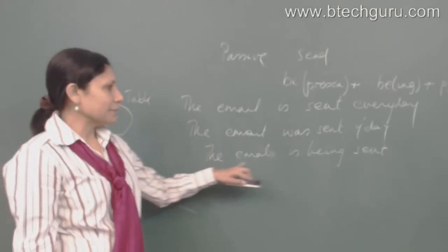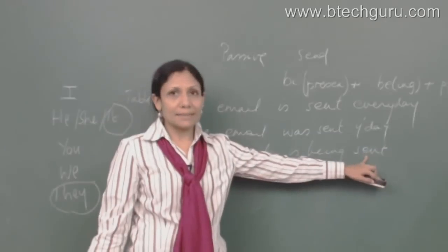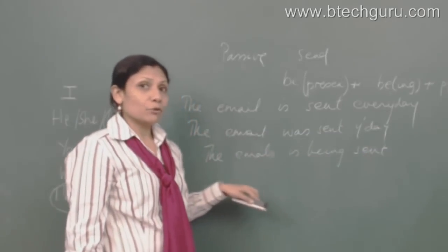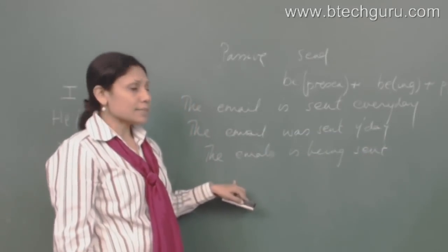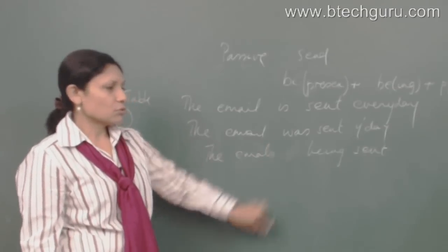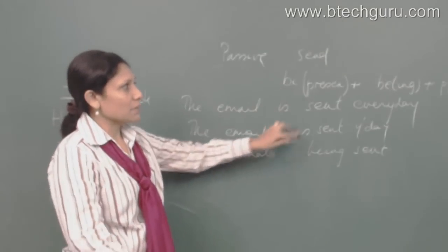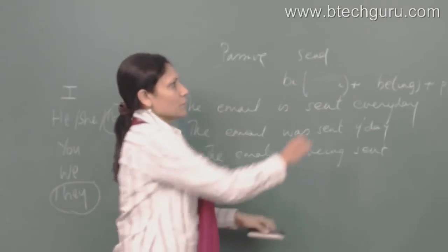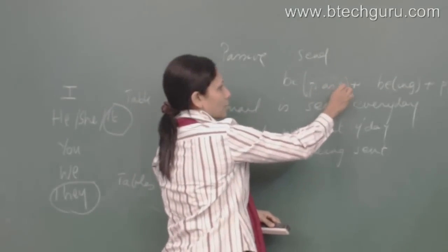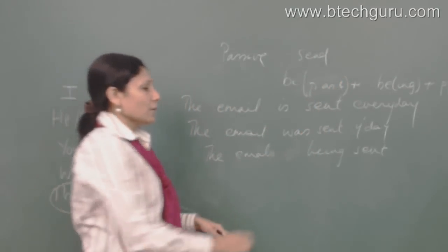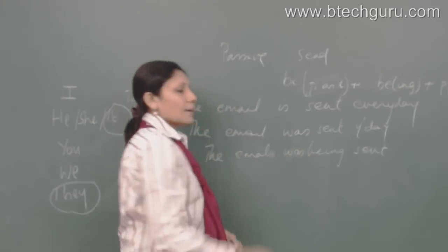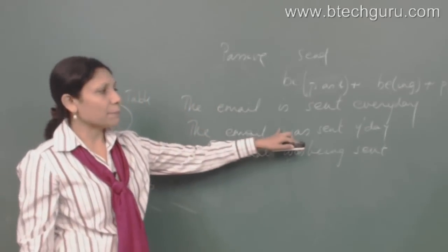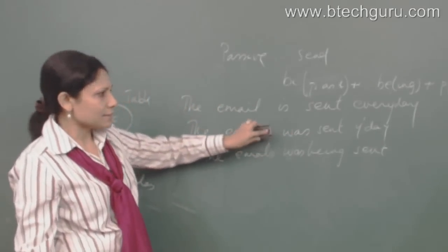Alright, so for example, the email is being sent. Now similarly, if you want to make this past continuous, this needs to change. Obviously only this be verb needs to change to be verb past, and what I will say is the email was being sent. This is happening currently: is being sent.